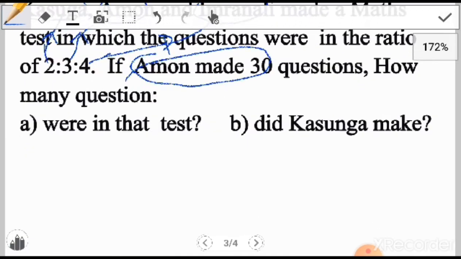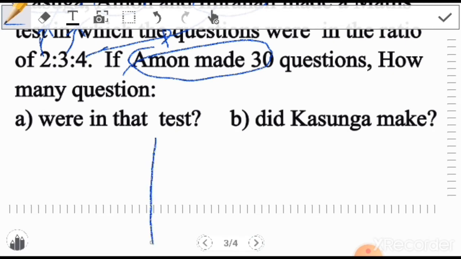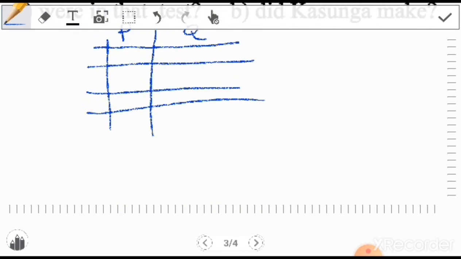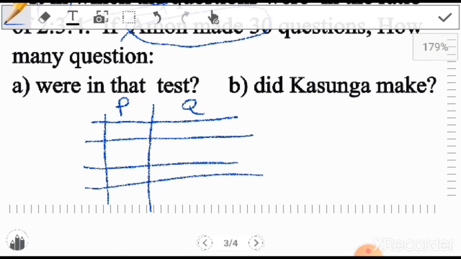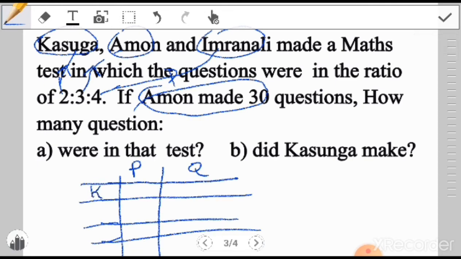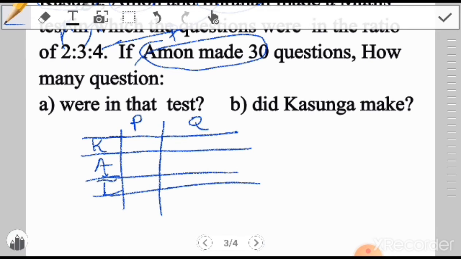Now let's make our table. Parts, quantities. Here the names involved. So we have first Kasunga K, Amon A, and Imranal I. As usual, in the last row we keep the total.